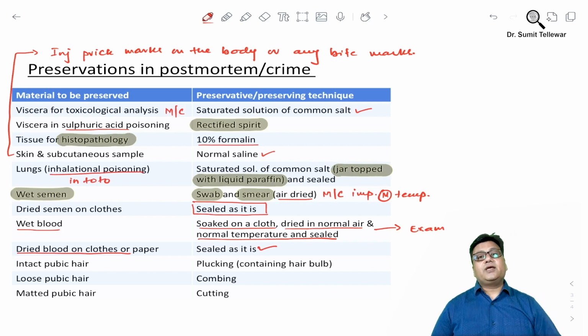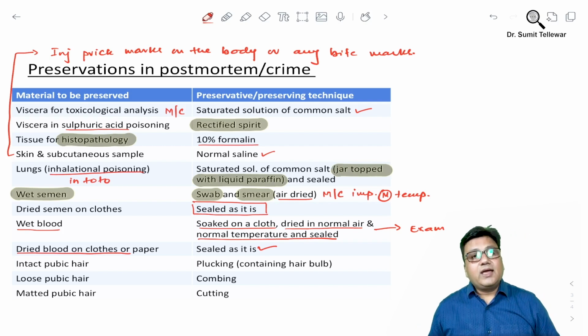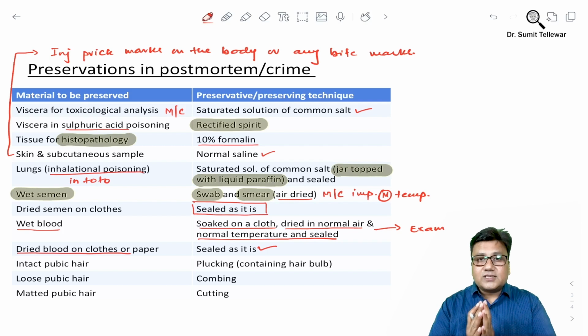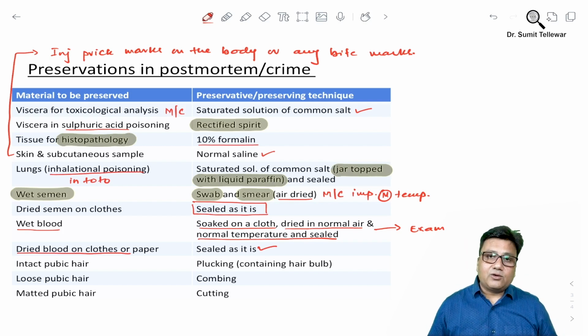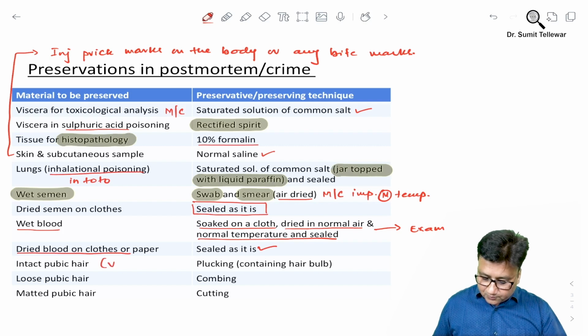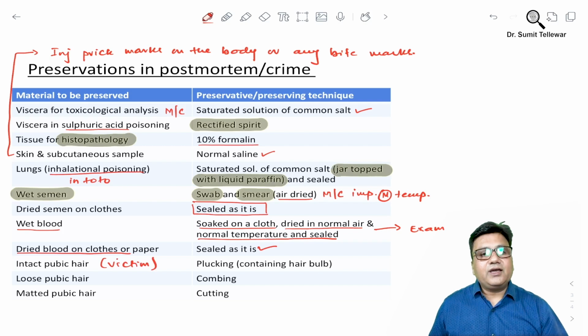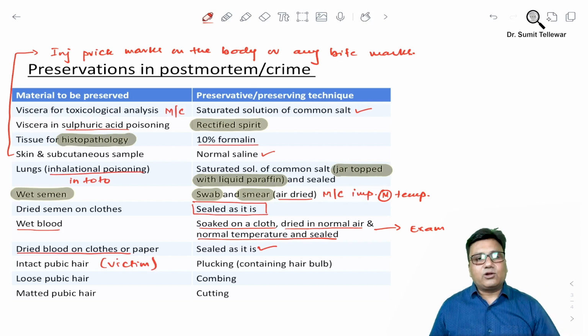Consider you are examining a sexual assault victim, and you need to preserve pubic hair on her body. There could be 3 kinds of pubic hair that may be encountered on a body. The first one is intact pubic hair. Intact pubic hair definitely belongs to the victim herself, because those are intact on her body.